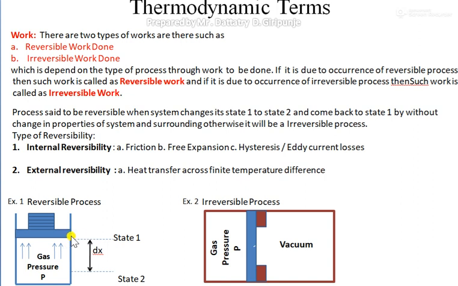That's why I said this is completely frictionless, because if there is friction, then the effect of the weight I am putting is also absorbed by that friction, and that friction may also resist the downward movement of the piston.